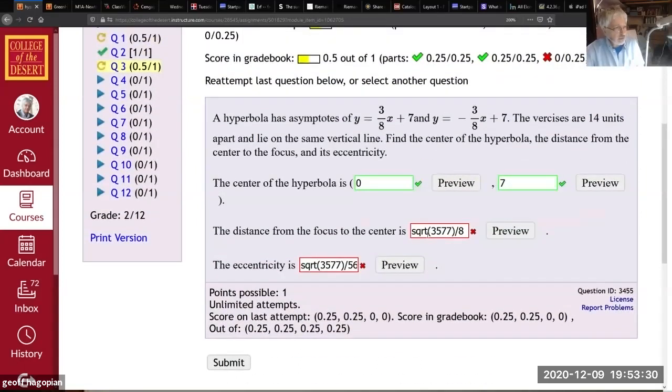Should we try doing the decimal approximation? So if I go to the calculator and I say, give me the square root of 3,577, divided by 8 for the distance from the center to focus.